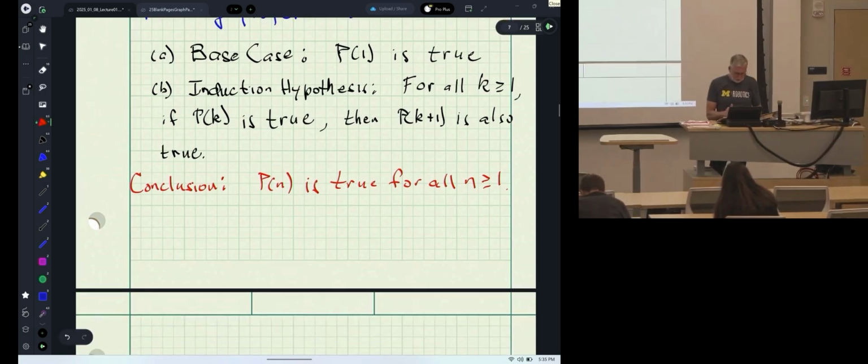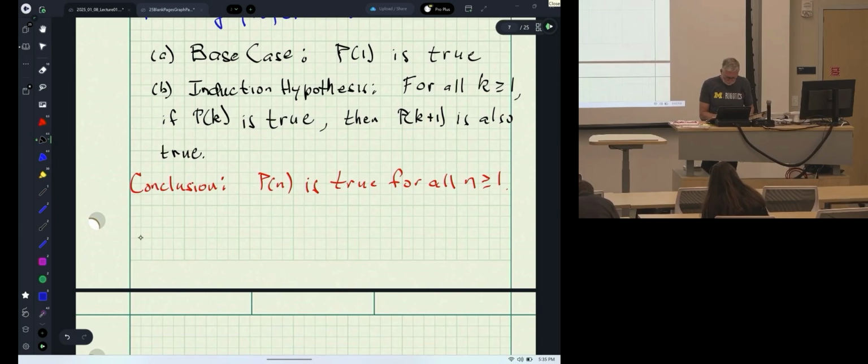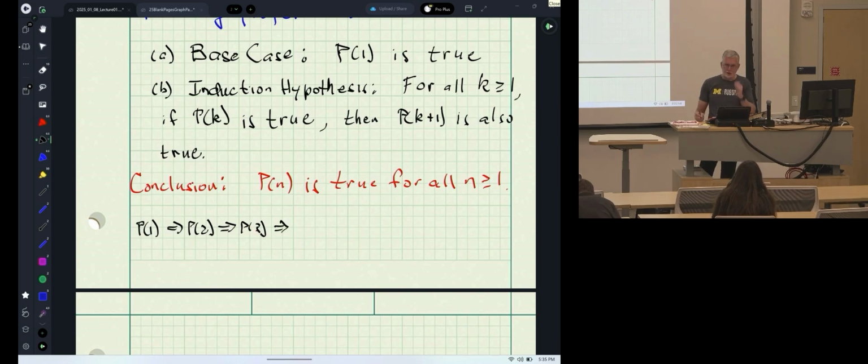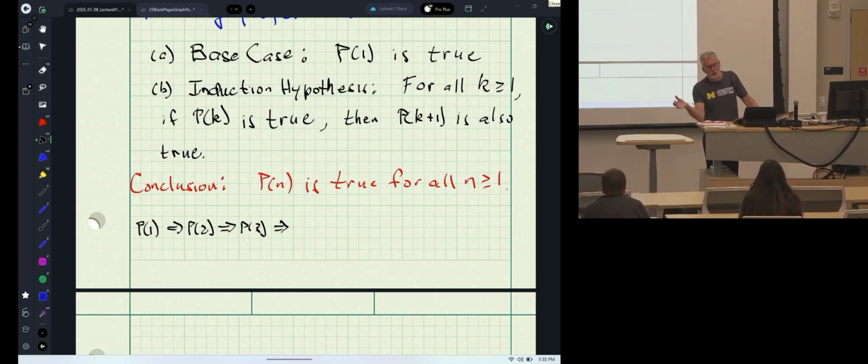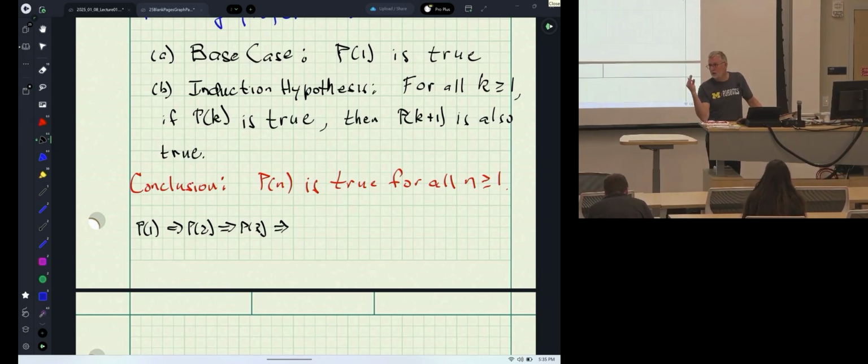I mean, you can kind of see how that works. If you have P of 1 and the induction hypothesis works, then you get P of 2. But if the induction hypothesis works, then you get P of 3. But if the induction hypothesis works, etc. Okay? So it's a fact that induction is the same thing as the existence of the counting numbers, 1, 2, 3, 4, 5, 6, 7.